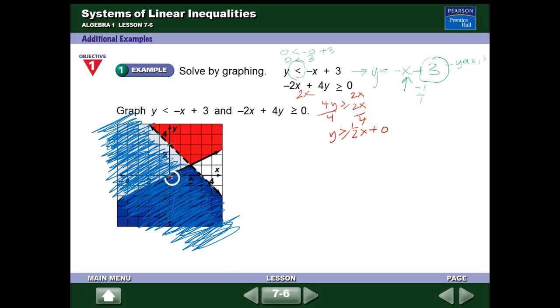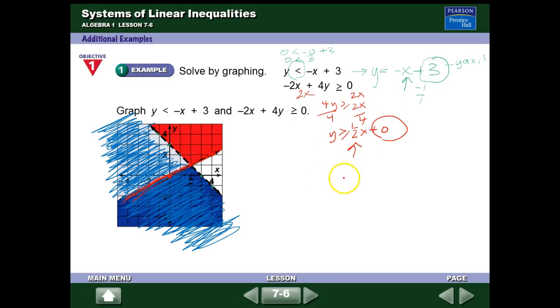So the first point is going to be here at 0, 0, because it crosses at 0 with a slope of negative 1 over 2. So I go down 1 and right 2, up 1 and left 2, and it creates this line here, which is not very straight. It is the black line that we started with.